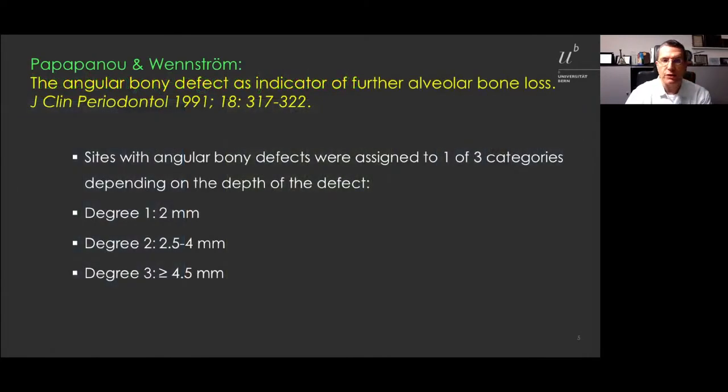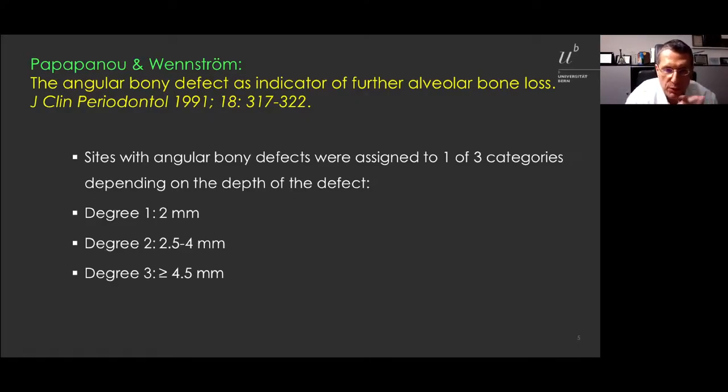So if you go to the literature, we have some key papers that have looked at the fate of the teeth that have been associated with an angular bony defect. If you look at this publication, they have categorized the defects into 3 different groups based on the intrabony component that was measured on the X-ray.